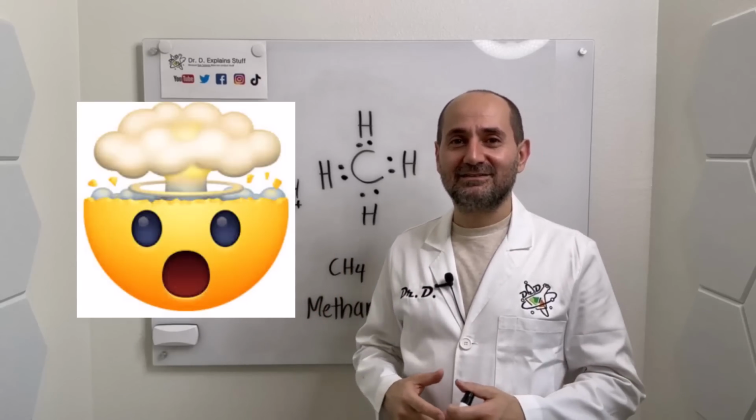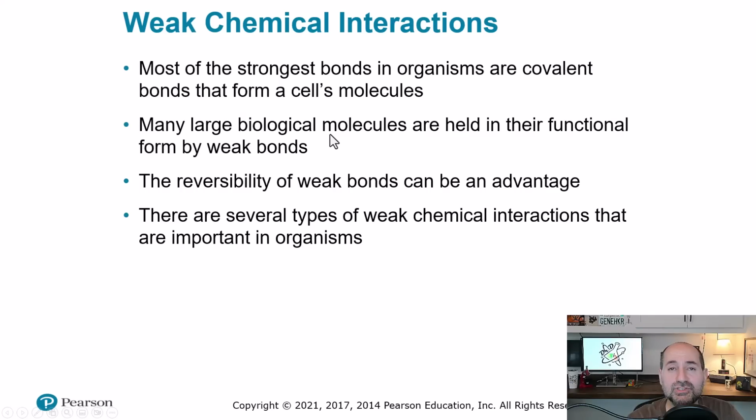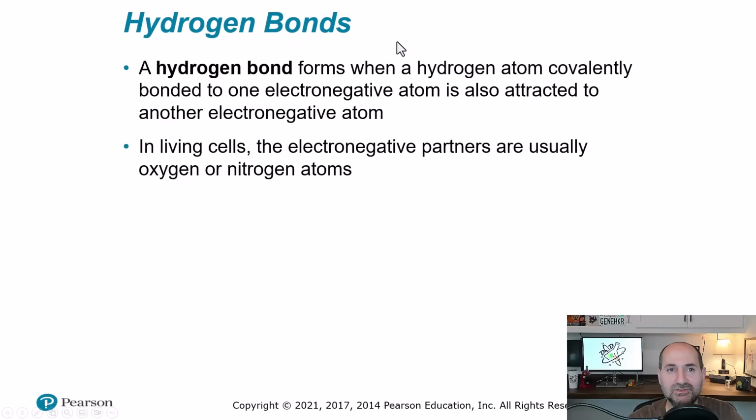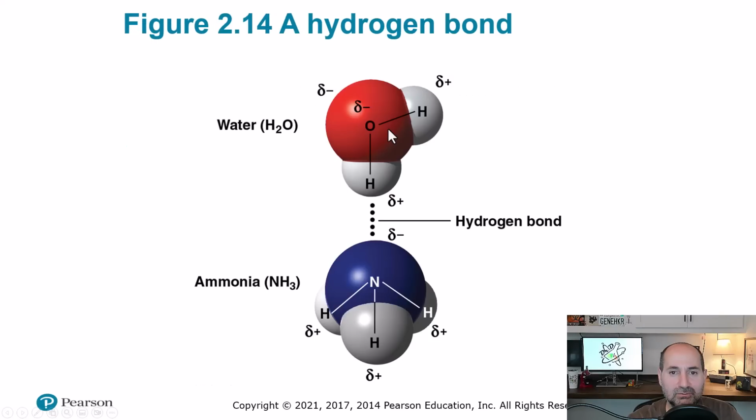Isn't that neat? So these hydrogen bonds that I spoke of, these are an example of weak chemical interactions. Hydrogen bonds form when a hydrogen atom covalently bonded to one electronegative atom is also attracted to another electronegative atom. So I showed you some examples with water forming the hydrogen bond with ammonia.